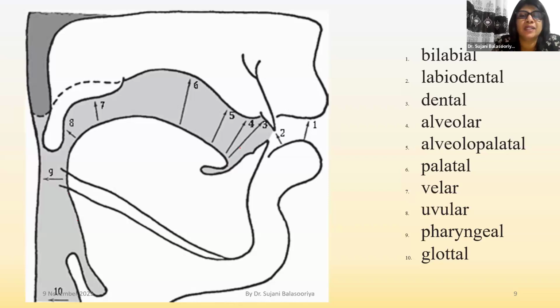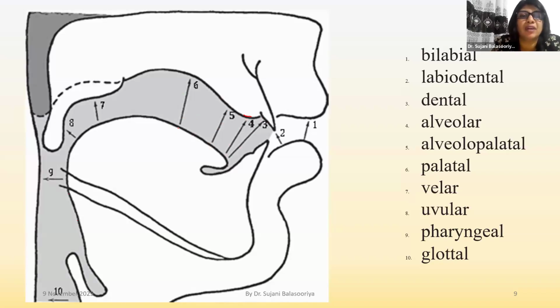Dental means tip of the tongue and the upper teeth. And number 4, alveolar, tip or blade of the tongue and the alveolar ridge is here. Okay. And then alveolar palatal, involving both ridge and the front part of the tongue. Okay, it's somewhere in between.